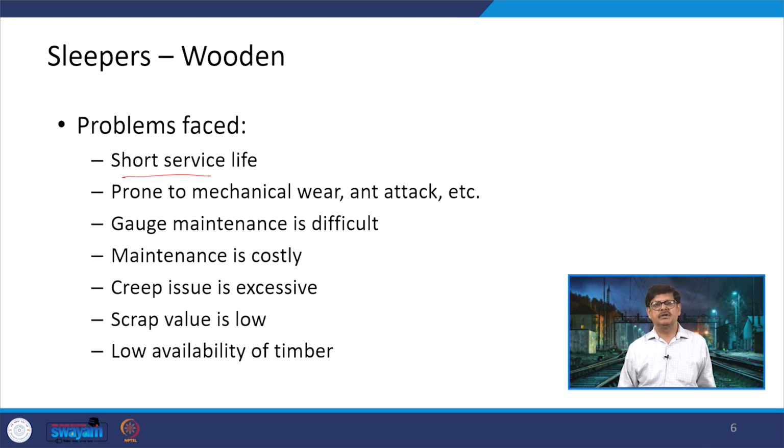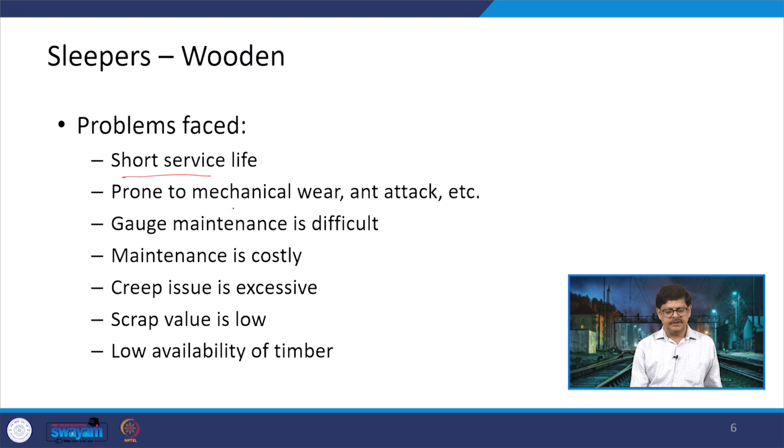If the life of the rails is higher and the life of the wooden sleeper is lower, then you have to replace the sleepers at shorter durations as compared to the rail. So again and again you need to go for a renewal of the track.